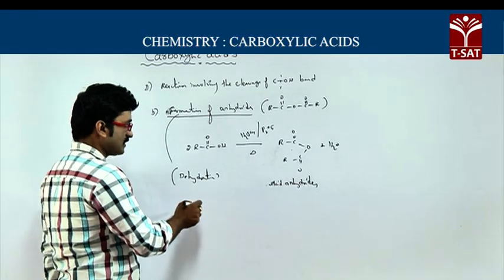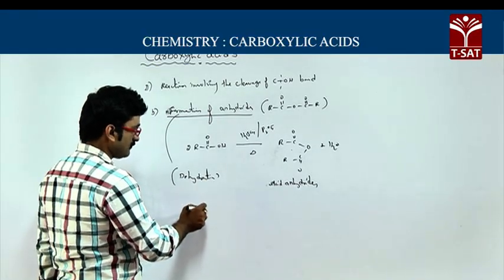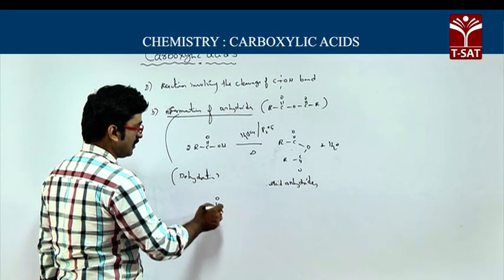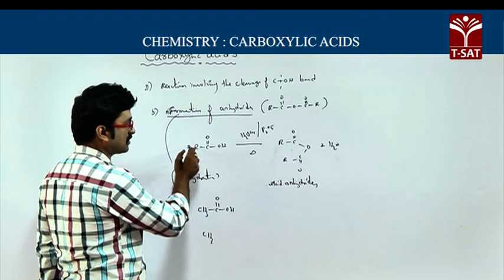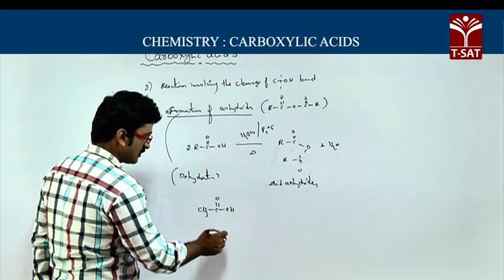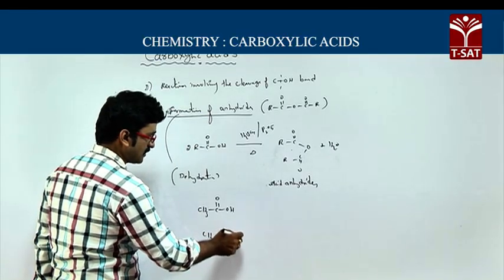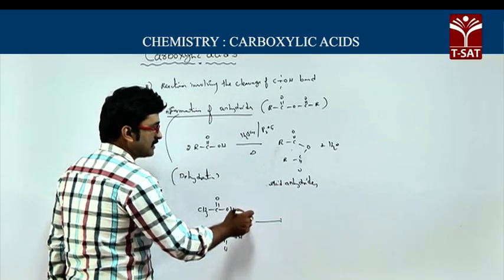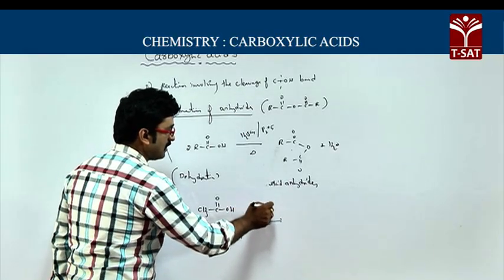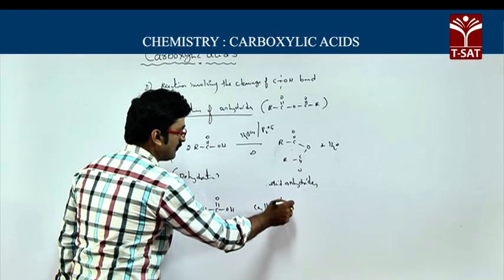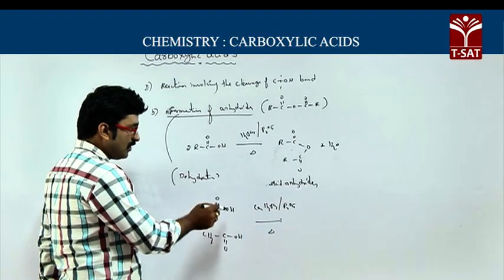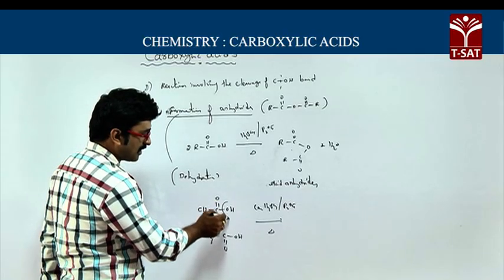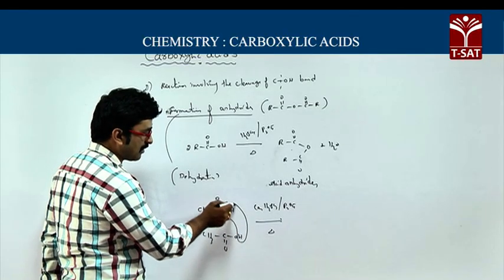For example, say I have taken CH3 C double bond O OH, and I have taken one more, 2 moles of carboxylic acid is involved, so C double bond O OH, right? When the acetic acid is heated with concentrated sulfuric acid or else P2O5, in this case loss of water takes place. So you have to remove OH from one carboxylic acid and hydrogen from other carboxylic acid.